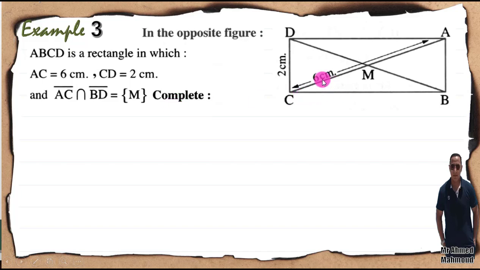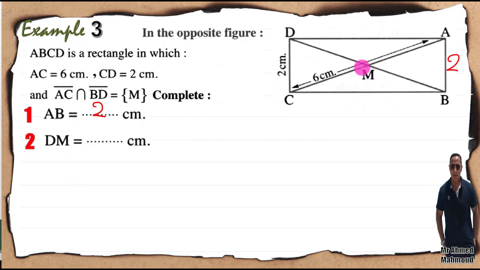First, we have here the rectangle ABCD. We know that in the rectangle the diagonals are equal. Here he asked me about the length of AB. The length of CD equals 2 centimeters, so AB equals 2 centimeters.